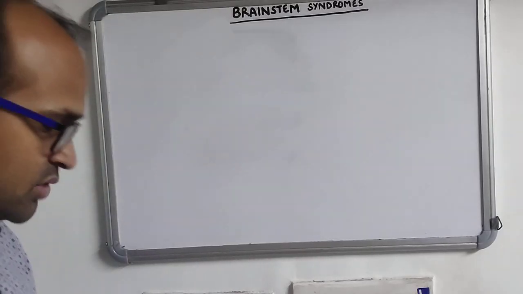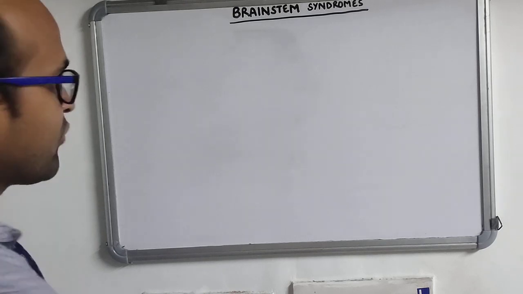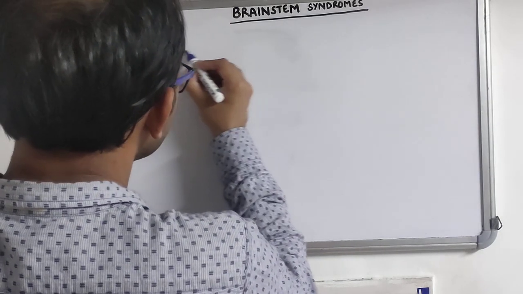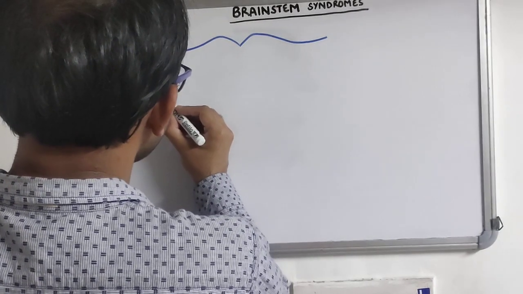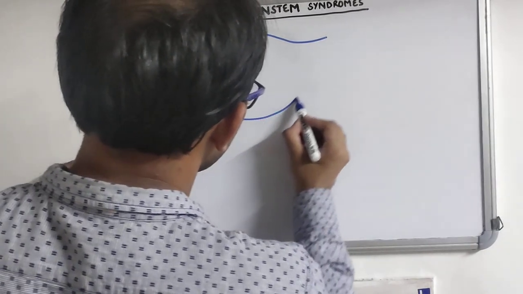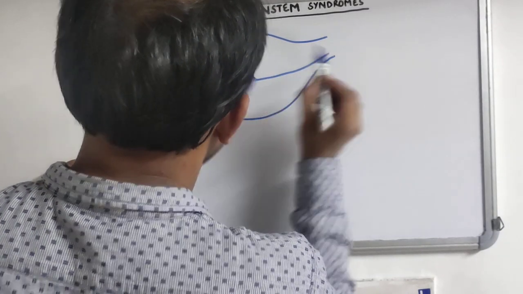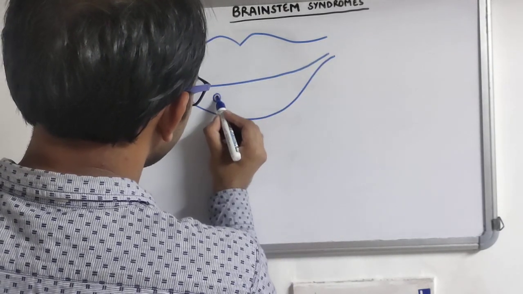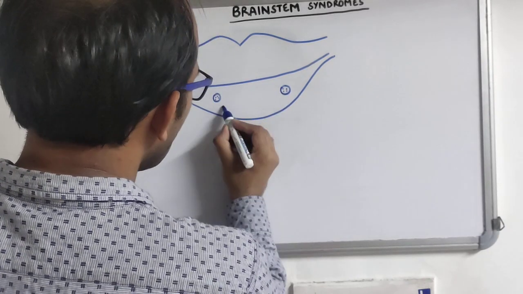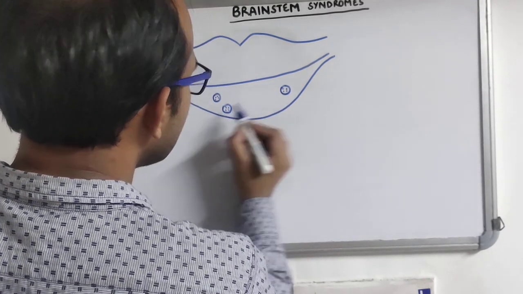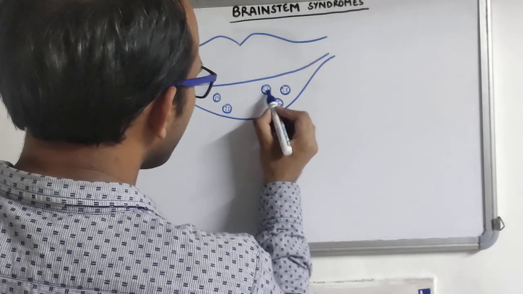Now let's talk about the pontine syndromes. We need to know about the anatomy of the pons for that. So these are the longitudinal bundles of descending corticospinal and corticonuclear fibers.